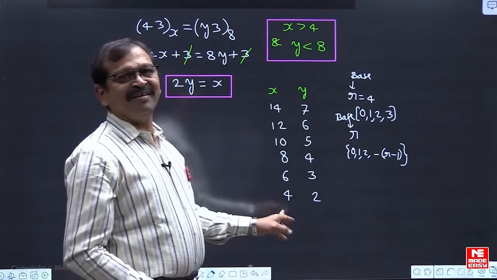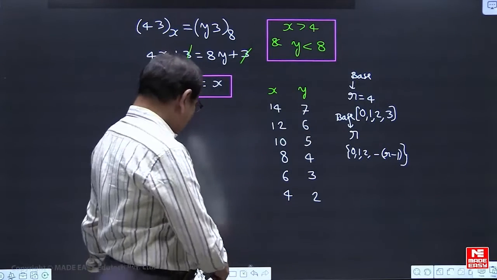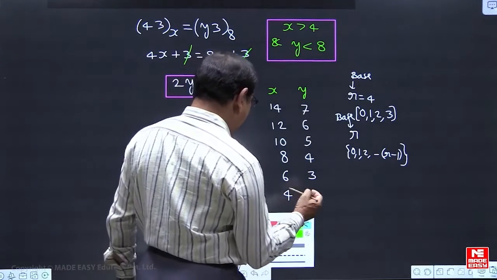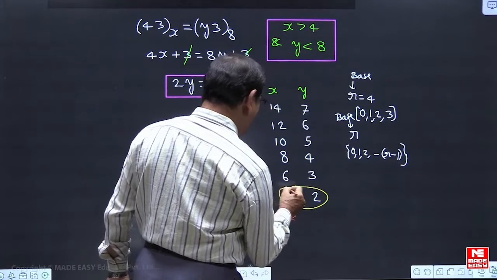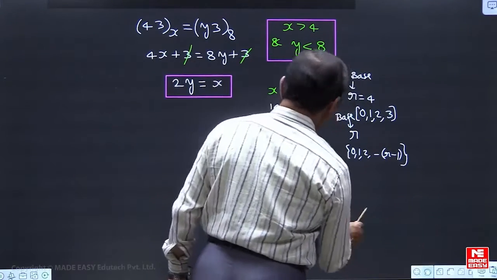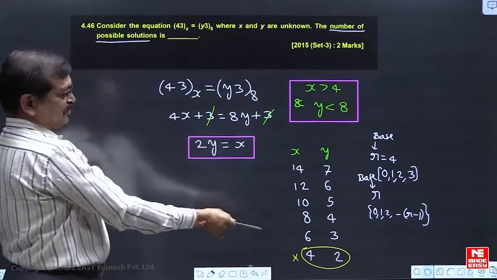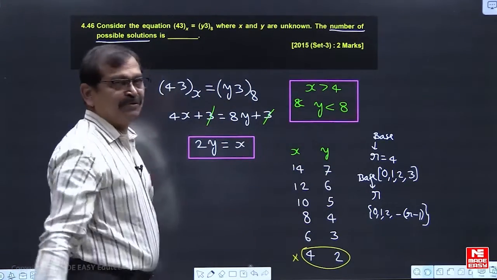But what we are looking at, x is coming equal to 4. Based on this, this is not possible. This is coming as not a possible solution.